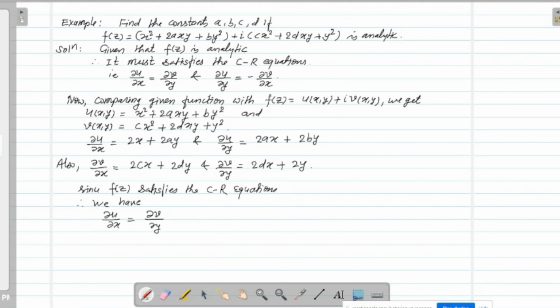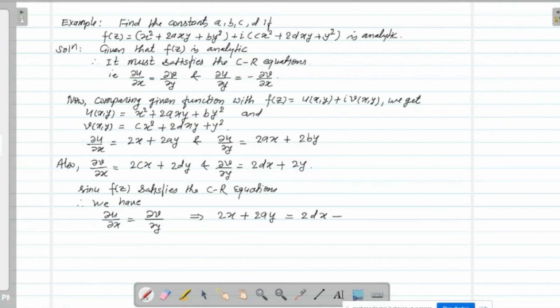So this implies that dou u by dou x is 2x plus 2ay, this equation, which is equal to dou v by dou y. So dou v by dou y is what?